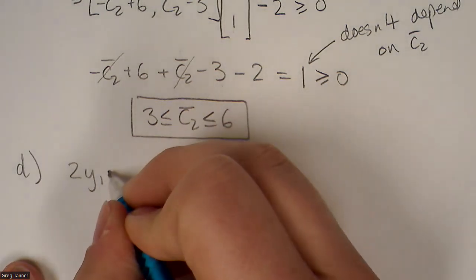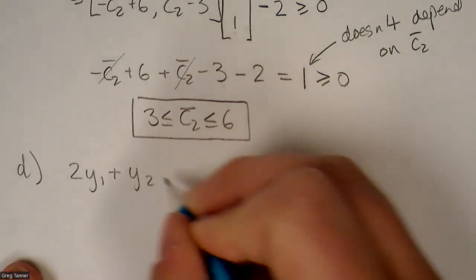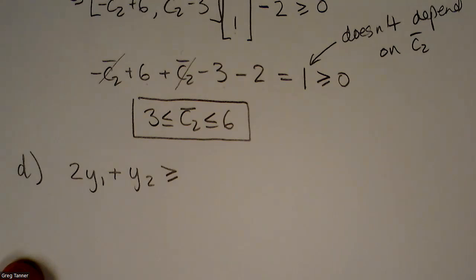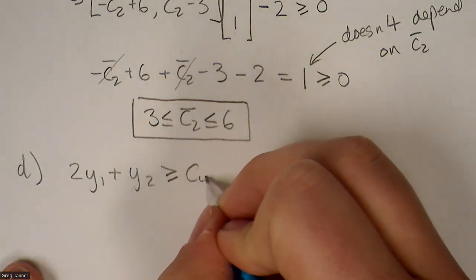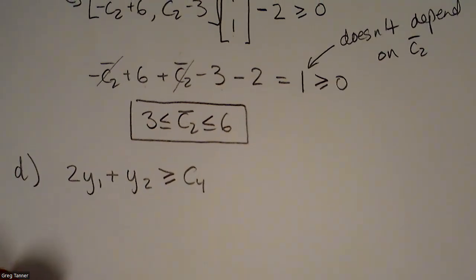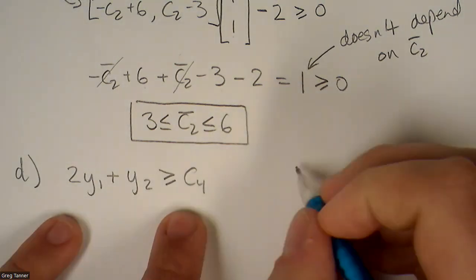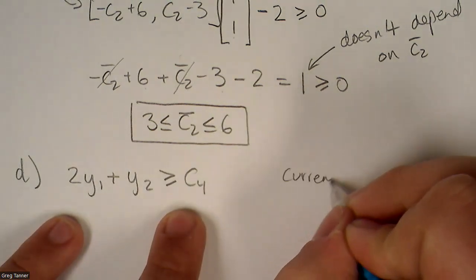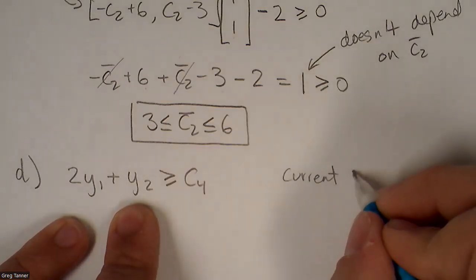2y1 plus y2 is greater than or equal to, we take that objective value and put it as the right-hand side. Okay. For our current basis, we know the values of y1 and y2.